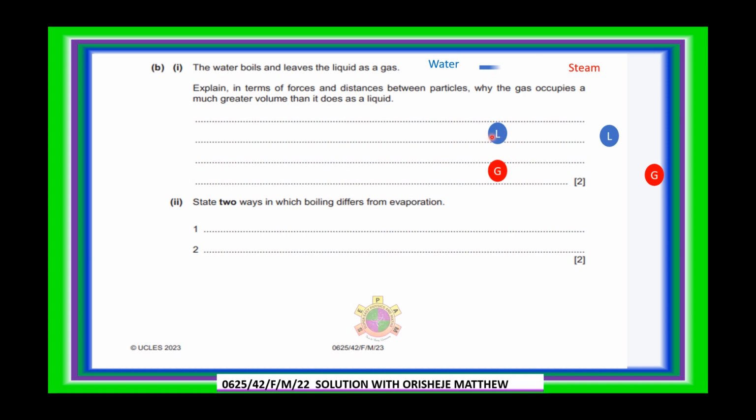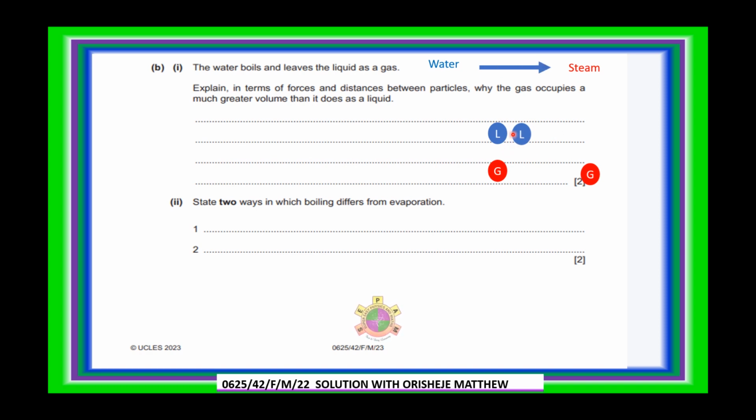Particles of gas are far apart, so the red ones. Particles of water are closer together, and the force of attraction holding these particles together is stronger. So for liquid it is stronger, and to break away from the liquid you need more energy.